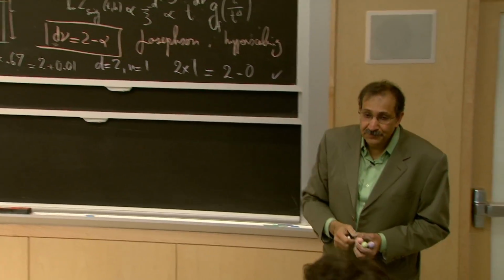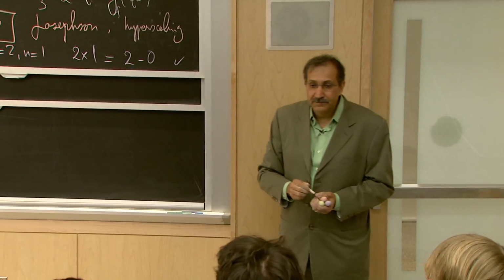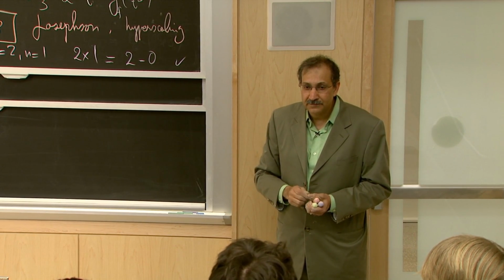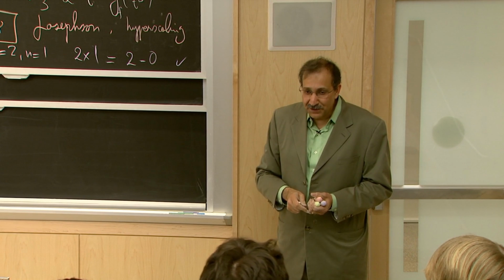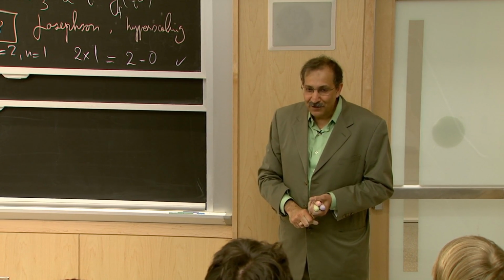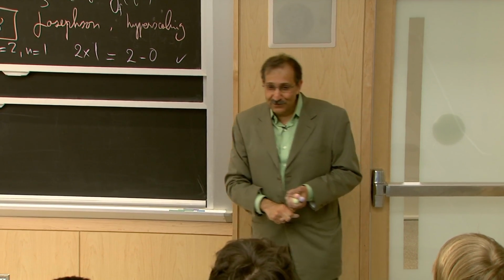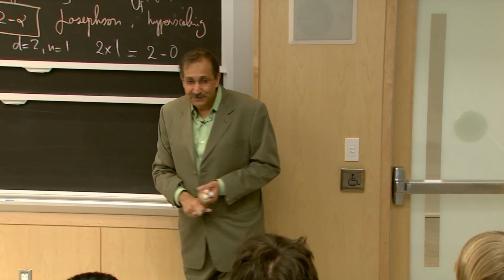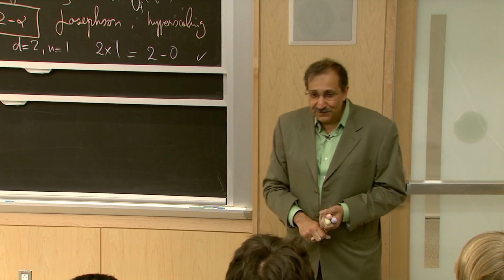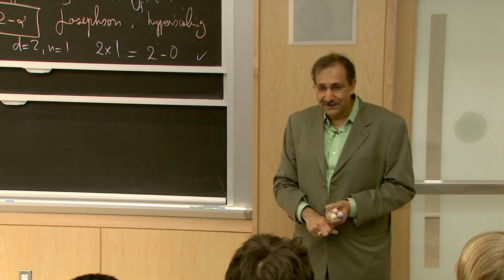Yes? Empirically, how well can we probe the dependence on dimensionality that we're finding in these expressions? Experimentally, we can do d equals 2, d equals 3. Okay. And computer simulations, you can also do d equals 2, d equals 3. Very soon, we will do analytical expressions where we will be in 3.99 dimensions.